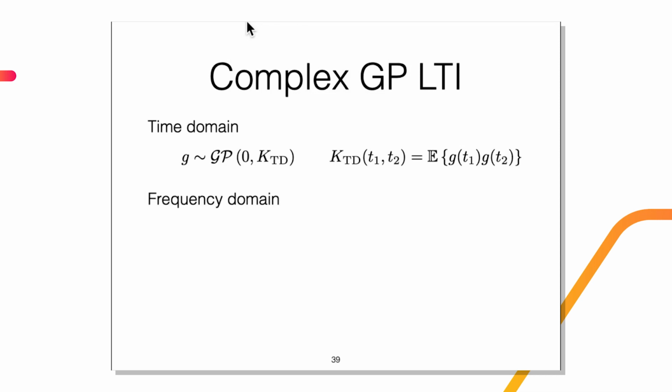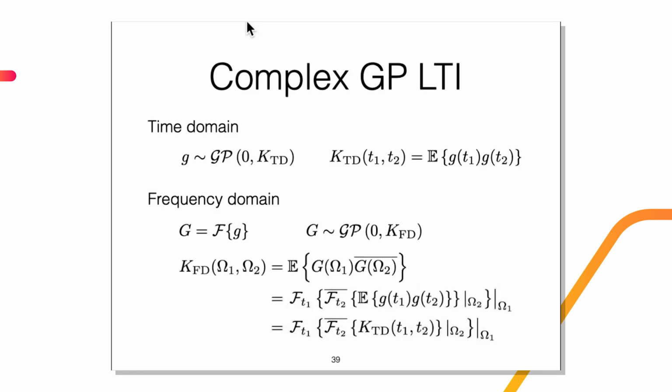In the frequency domain, we have the advantage that a linear operation on a Gaussian process remains a Gaussian process. So the transfer function, which is a Fourier transform of the impulse response, is also a Gaussian process, of which you can compute the kernel simply by applying the Fourier transform to the kernel in both dimensions.